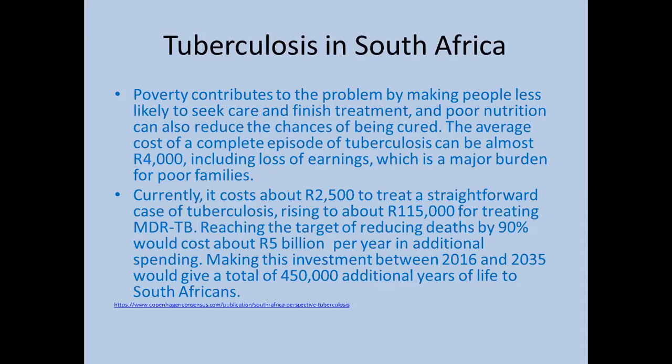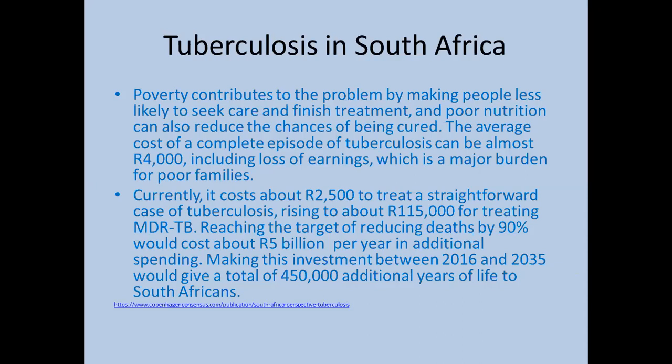Reaching the target of reducing deaths from tuberculosis by 90% would actually cost the South African government about 5 billion per year extra over and above what they're spending at the moment. But this would make the following plus factor in South Africa.